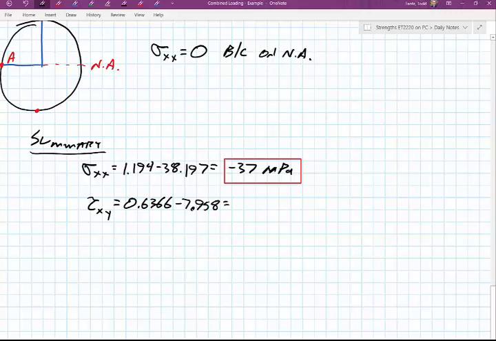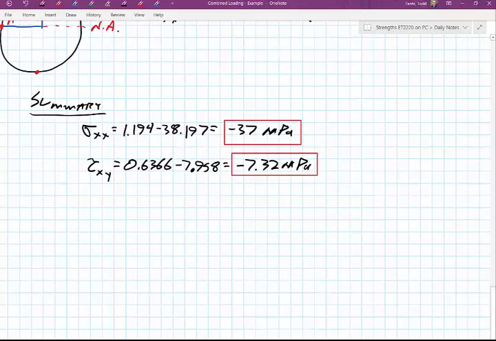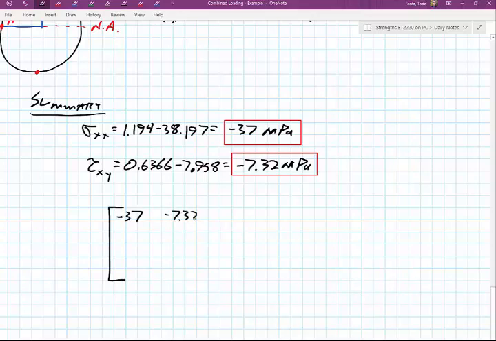That gives me negative 7.32 megapascals. So the last step, if you wanted to do it, would be to put it all into a stress tensor, keeping these straight. I have negative 37, negative 7.32, 0, negative 7.32, and then zeros everywhere else.